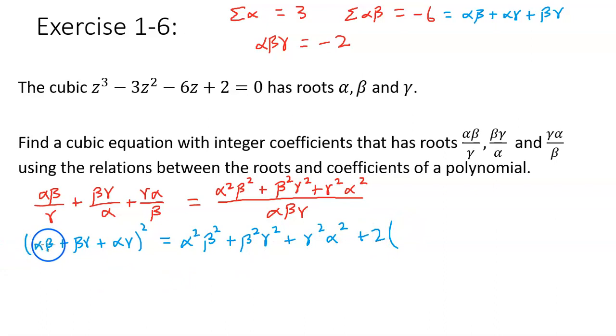All the other products will look like this: alpha beta times beta gamma, so that would be alpha beta squared gamma, and then alpha beta times alpha gamma, so that would be alpha squared beta gamma. And the last one will be beta gamma times alpha gamma, so that would be alpha beta gamma squared.